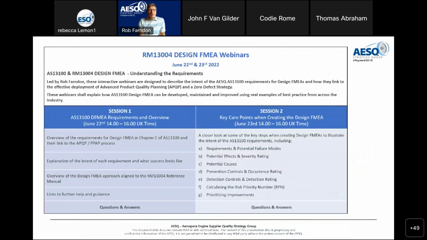So as I mentioned, yesterday we went through the main features and the main requirements of Design FMEA as it's called out in AS13100 and in the reference manual 13004.